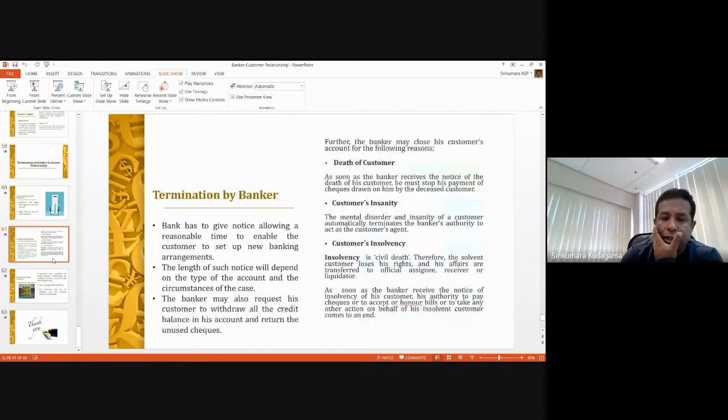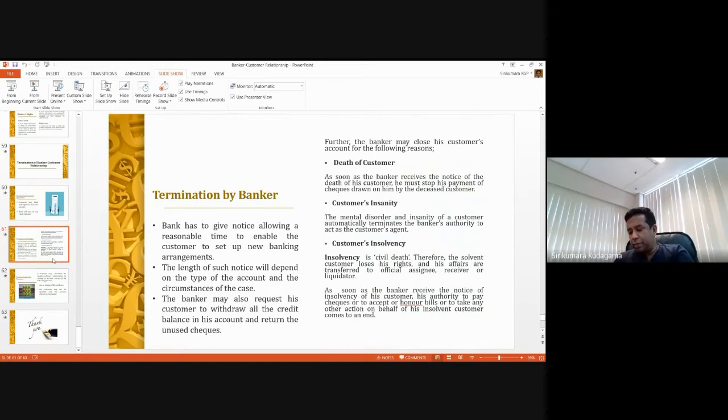There are circumstances where termination can be initiated by the bank, especially when the customer is dead, which automatically brings the relationship to an end. But the banker can close the account and take necessary action, and especially should not make payments.